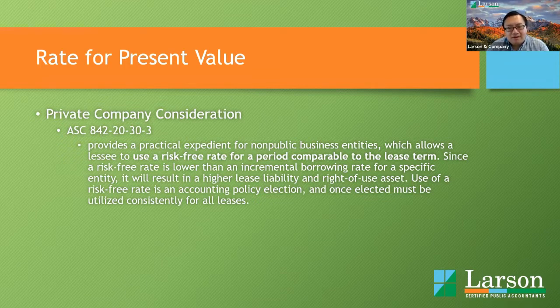So if you have a 5-year lease and you don't want to use the implicit rate or the alternative borrowing rate, you could go to T-bills and determine what the T-bill rate is for a 5-year treasury, and then use that rate to determine what your discounted cash flow would be. The downside with this though is that it probably would create a higher right of use asset as well as lease liability initially, but it does simplify it significantly.